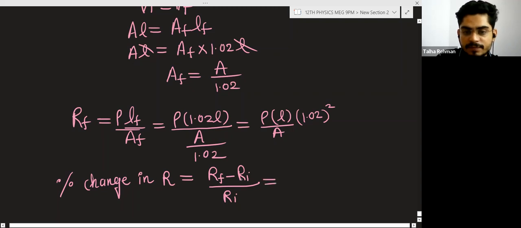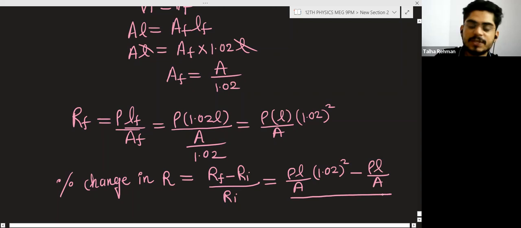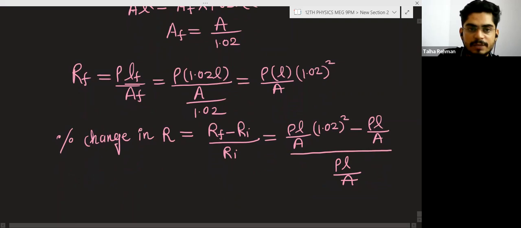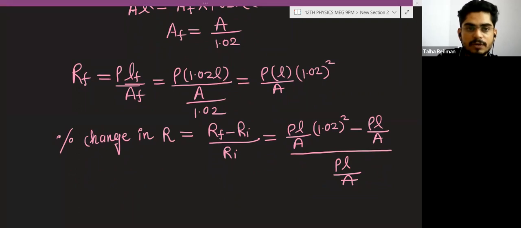So final resistance is rho L by A into 1.02 squared, minus initial resistance, which is rho L by A, upon initial resistance, that is rho L by A. This is not P, this is rho, and multiplied by 100 also.